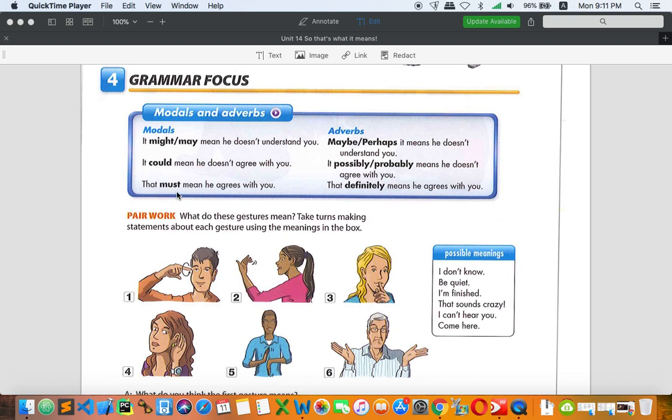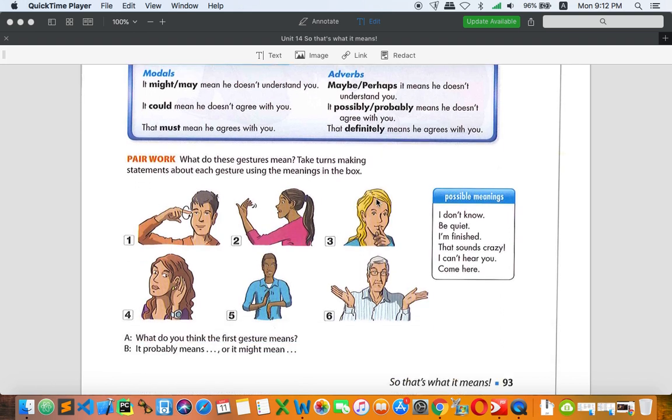I put it at somewhere around 90% or more. The same thing goes for the degree of possibility or certainty. So maybe or perhaps you can use instead of may or might, and the degree is the same, not different. Could, possibly, probably, must, definitely. All right, nothing more and nothing left.